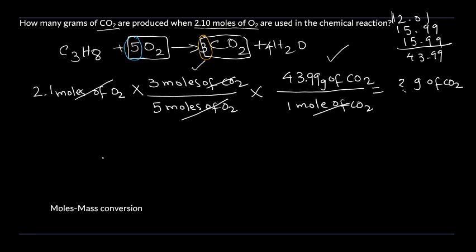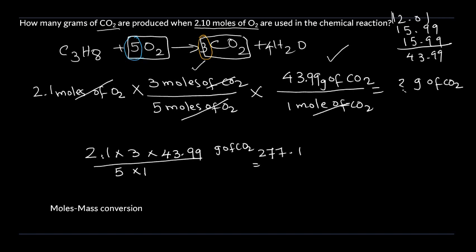And now what we have to do is take the numbers in the numerator, 2.1 times 3 times 43.99, divided by, in the denominator, 5 times 1, and what is left, the unit is grams of carbon dioxide. When you multiply those numbers, we will get 277.137 divided by 5.